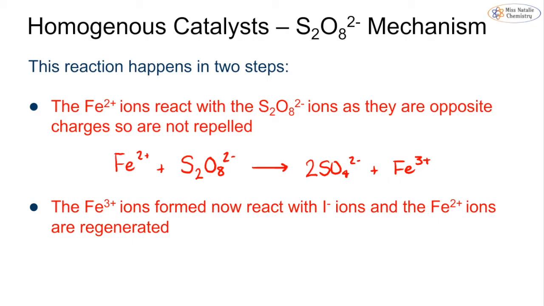Now, of course, we've now changed the catalyst, we have to then put it back into the catalyst of Fe2+, and it does that by reacting with the iodide, so the second reactant, and we form iodine and Fe2+ being regenerated. So we start off with the Fe2+ and we end with the Fe2+, and we make our 2 products as well.